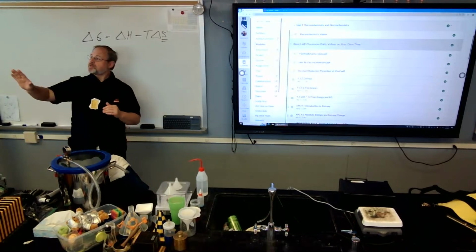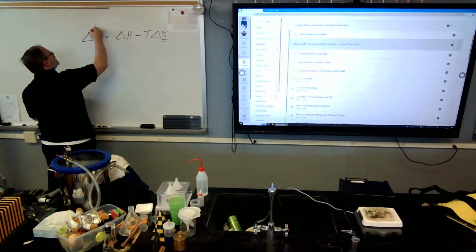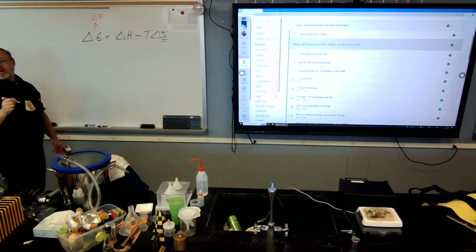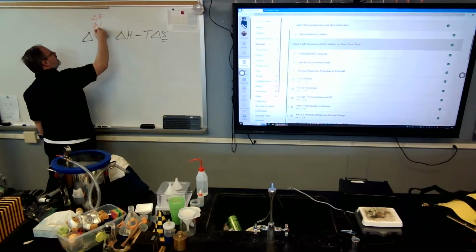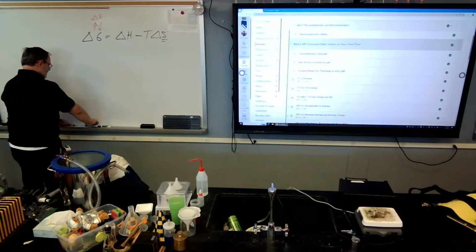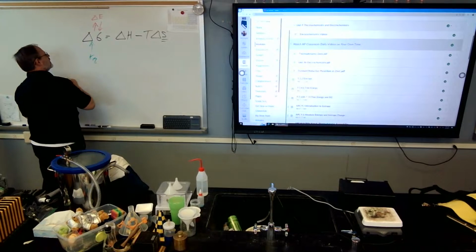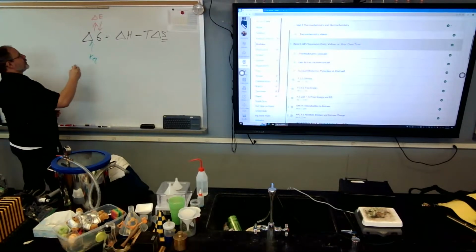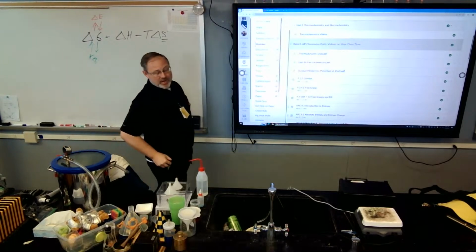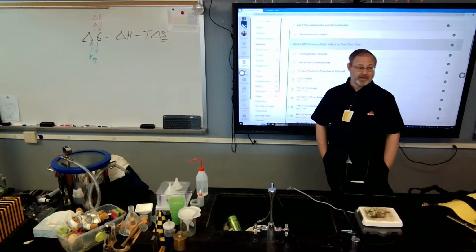But the reason they pushed this all the way back to the end is delta G can be calculated with electrical energy. And electrical energy can give us delta G. Additionally, delta G can be found with equilibrium, and equilibrium can be found with delta G. So pretty much every reaction that happens has some sort of energy relationship.